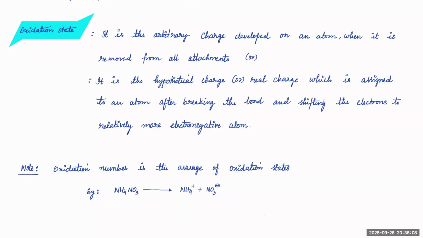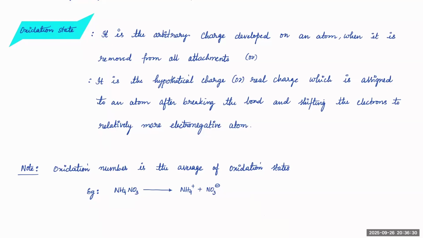If you are talking about a reference atom, and all the surrounding atoms are removed, and you see what arbitrary charge it can gain, that charge is what we call the oxidation state. And oxidation state could be a real charge or a hypothetical one.